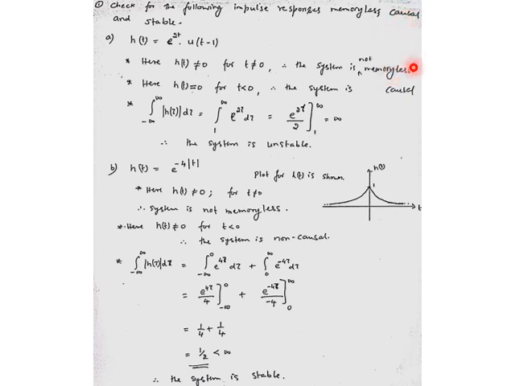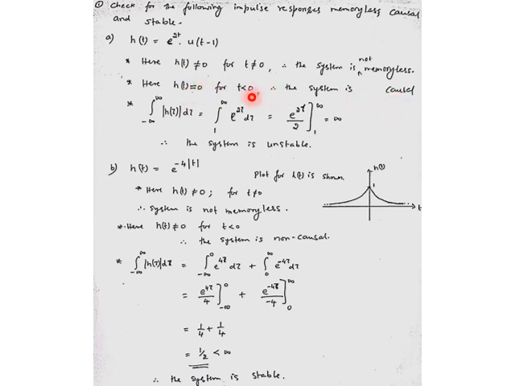Coming to the causality, the system is causal only if h of t is 0 when t is less than 0. That is, if the past value reaches 0, then we can say the system is causal. If I take h of t as 0 over here for t less than 0, hence the system is causal.